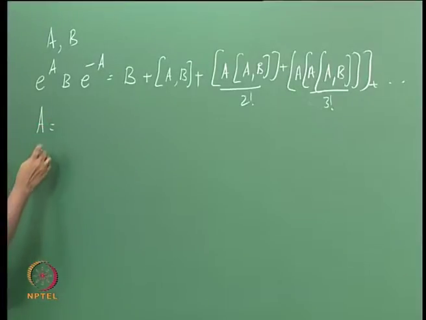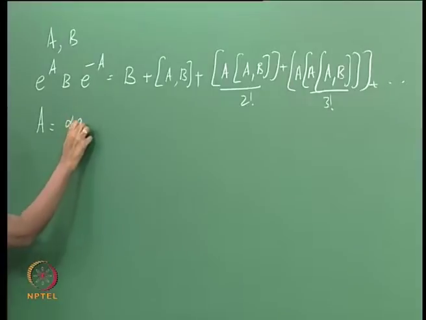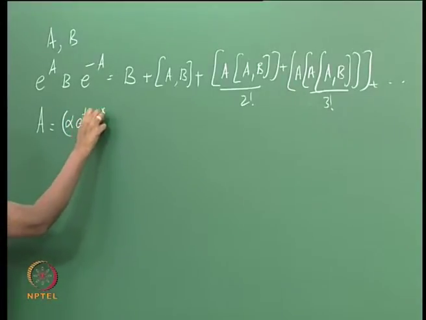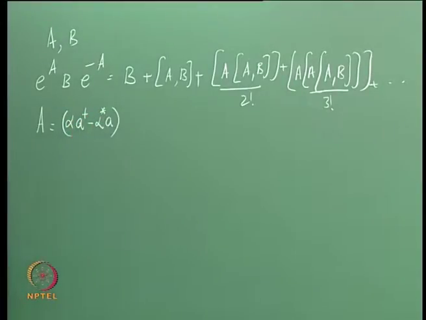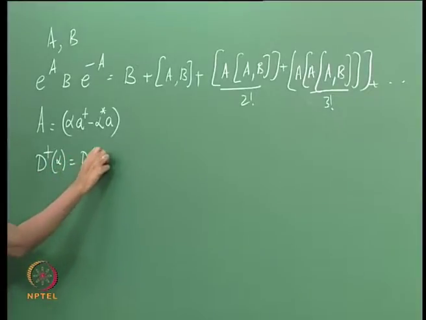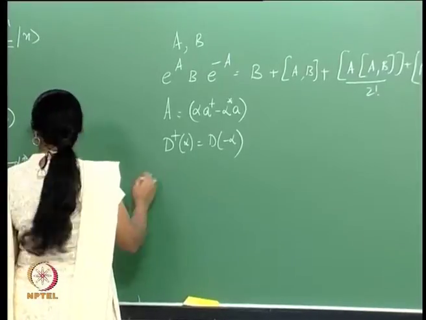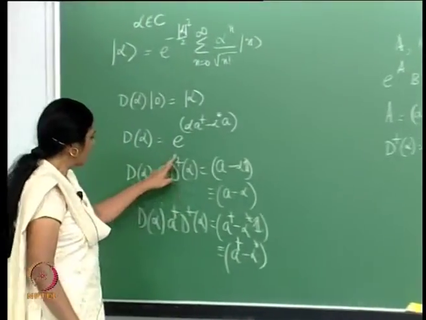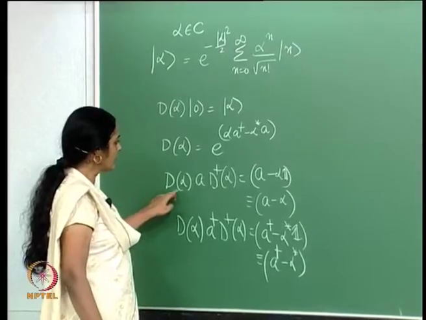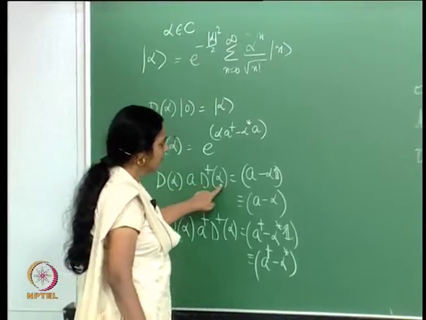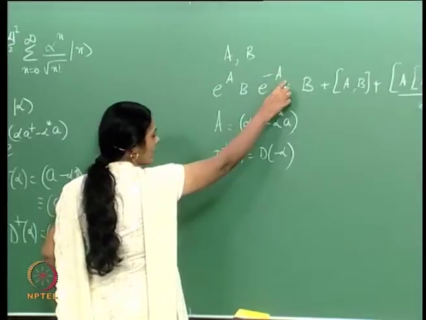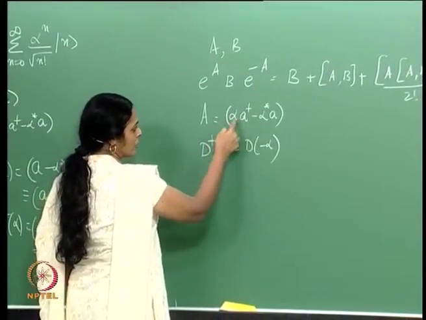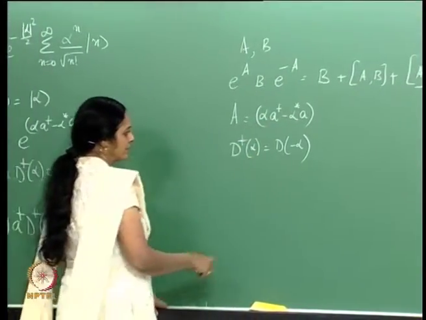In this problem, A is simply alpha a dagger minus alpha star a. Recall that D dagger of alpha was simply D of minus alpha, and therefore on this side I have D dagger of alpha in this identity, which is D of minus alpha, which is minus A, because if I substitute minus alpha for alpha, I simply get minus A.